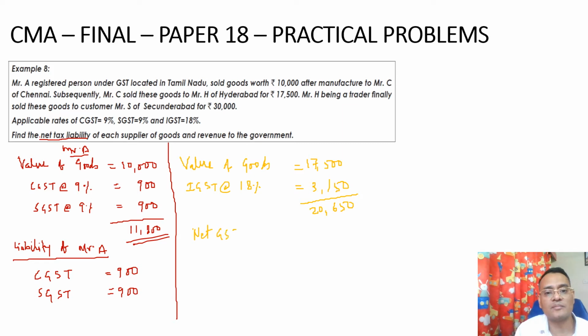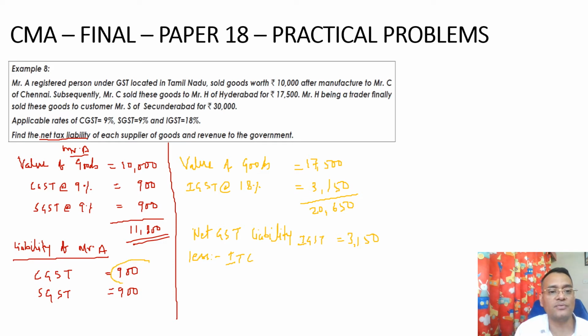Now output net GST liability IGST is equal to 3150 less ITC.